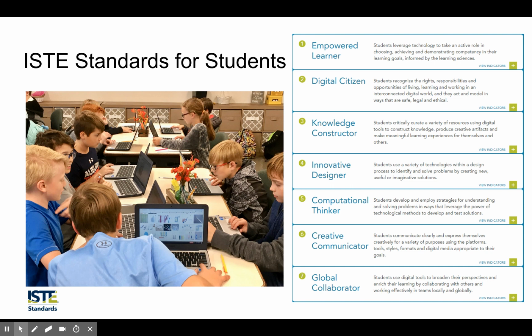Those standards are the Empowered Learner, Digital Citizen, Knowledge Constructor, Innovative Designer, Computational Thinker, Creative Communicator, and Global Collaborator. Most educators are familiar with the ISTE standards as a mechanism for integrating technology into the classroom. So these certainly were one of the reference sources for the course of study committee.